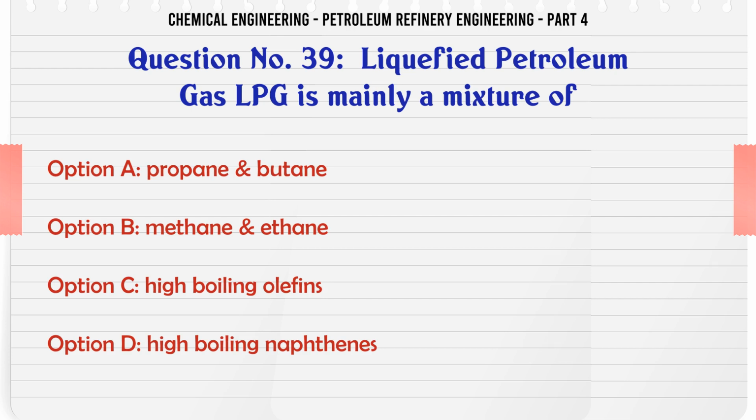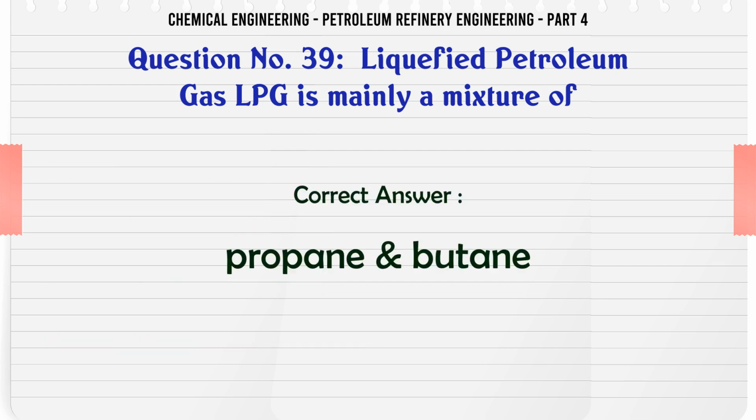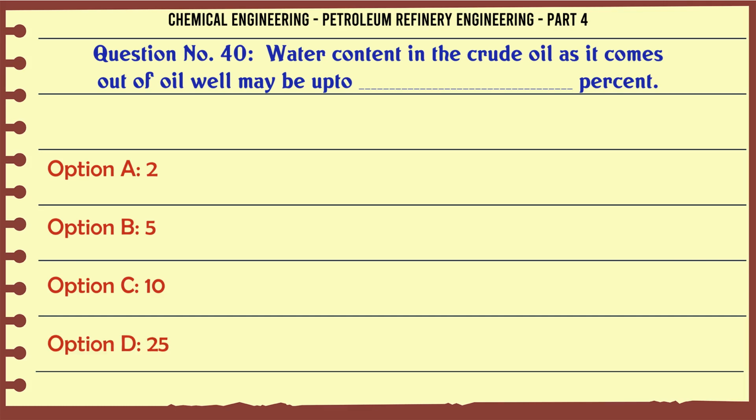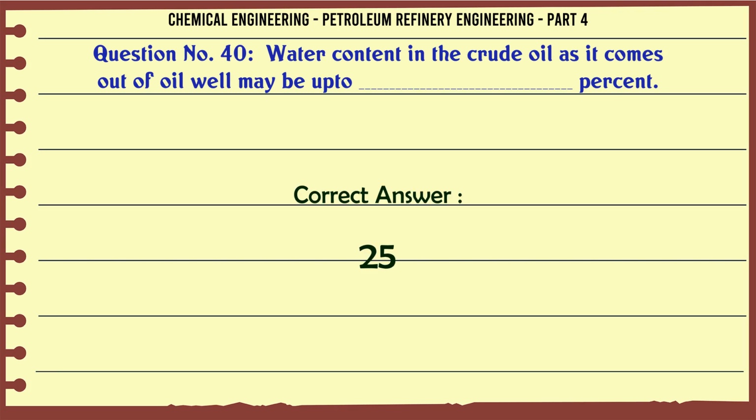C. High boiling olefins. D. High boiling naphthenes. The correct answer is propane, butane. Water content in the crude oil as it comes out of oil well may be up to blank percent. A. 2. B. 5. C. 10. D. 25. The correct answer is 25.